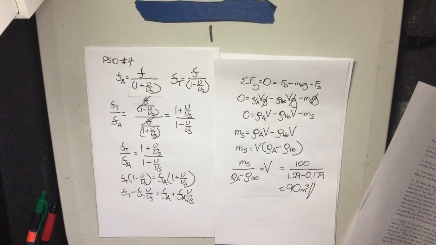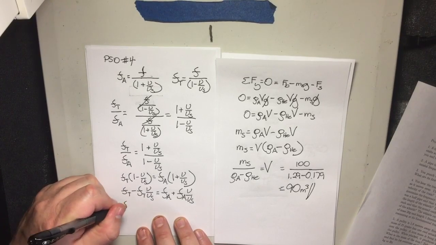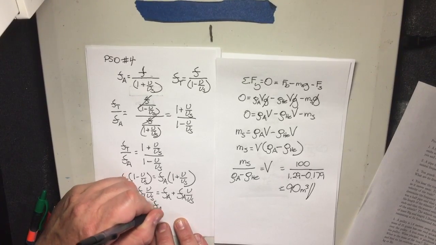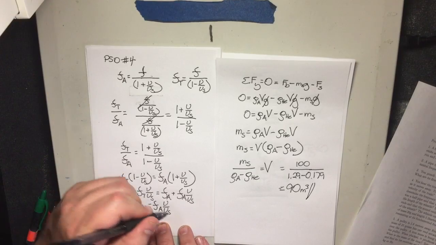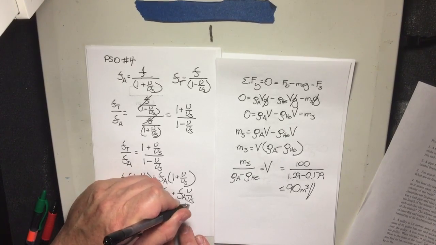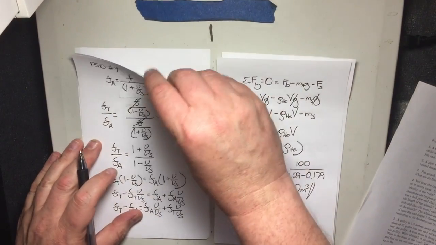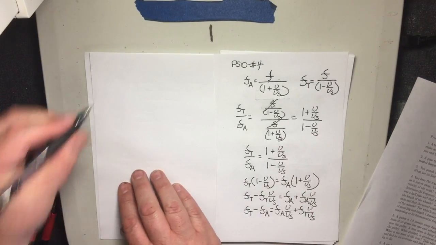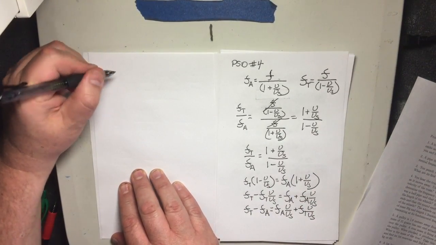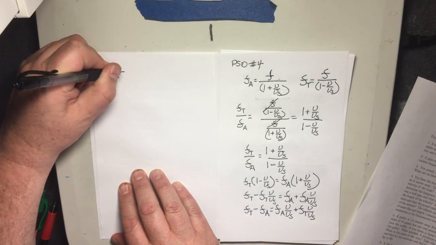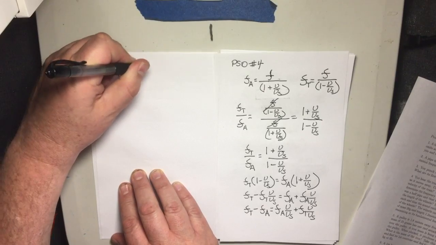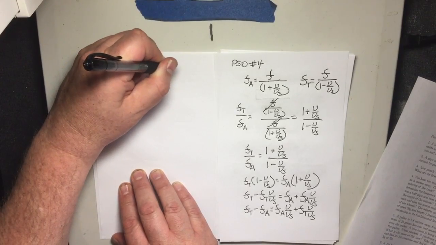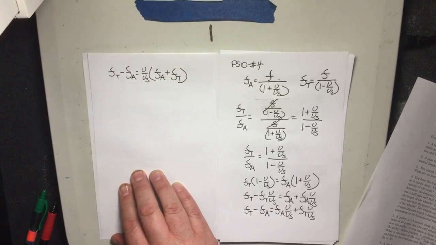Get all of your V over Vs terms on one side. Factor out the V over Vs. Solve for V.